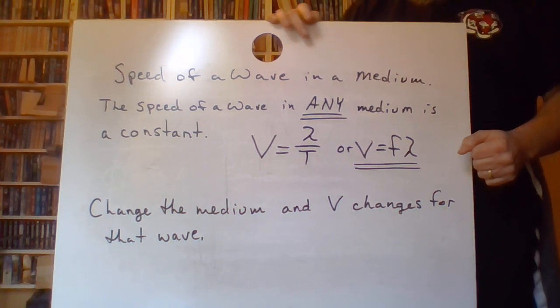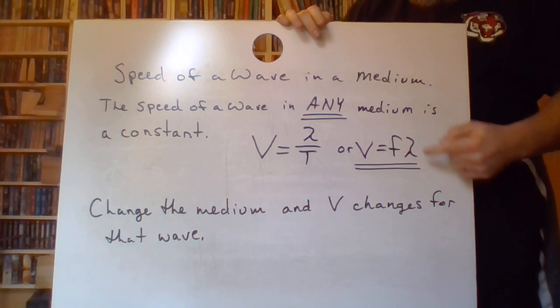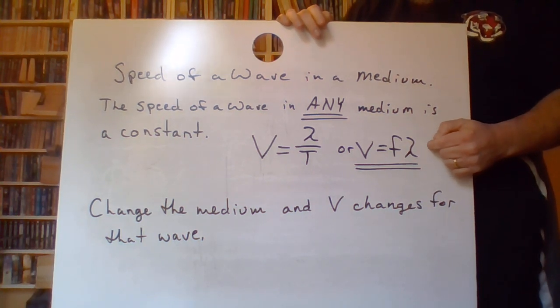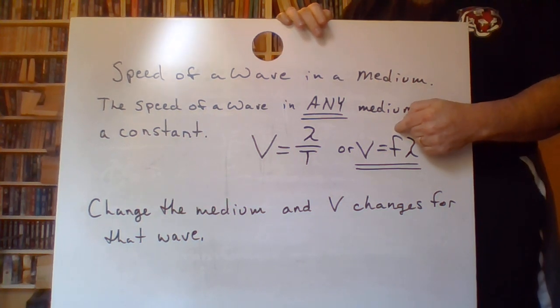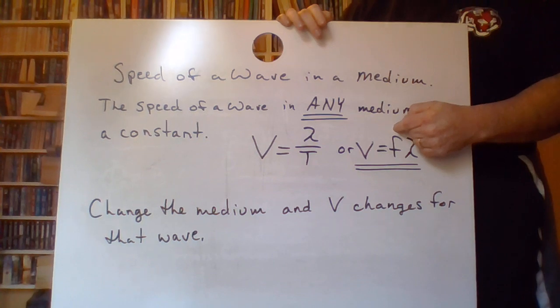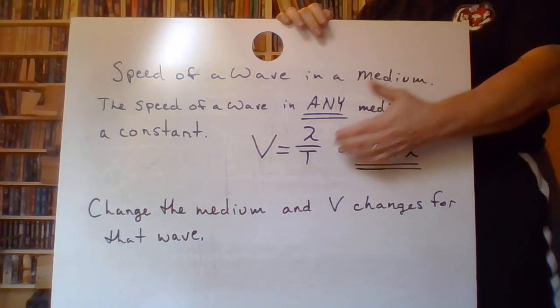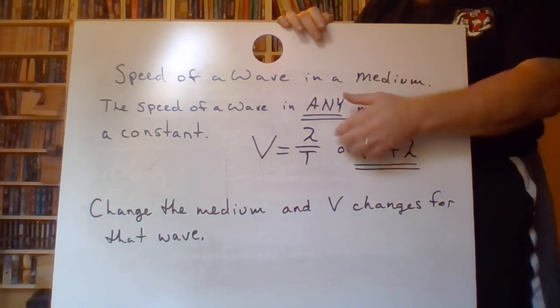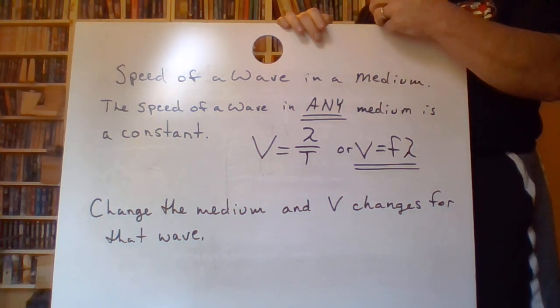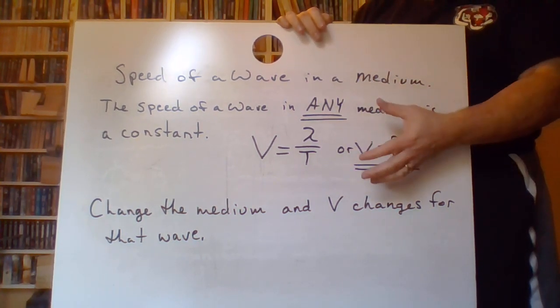All right? This equation is the one we're going to use most often when we talk about waves, because frequency is going to be the characteristic of a wave we most often will use to identify the wave. We'll rarely talk about a wave's period. We sometimes will, especially when it is a very low frequency wave.